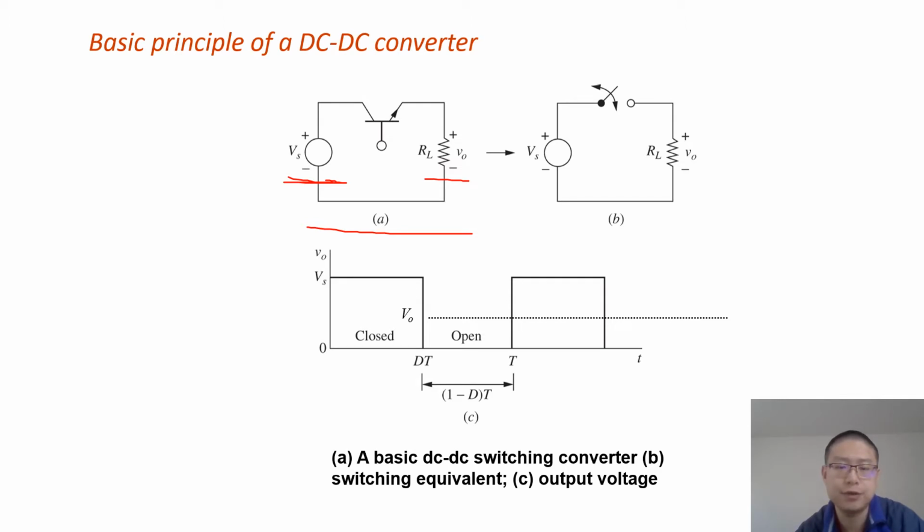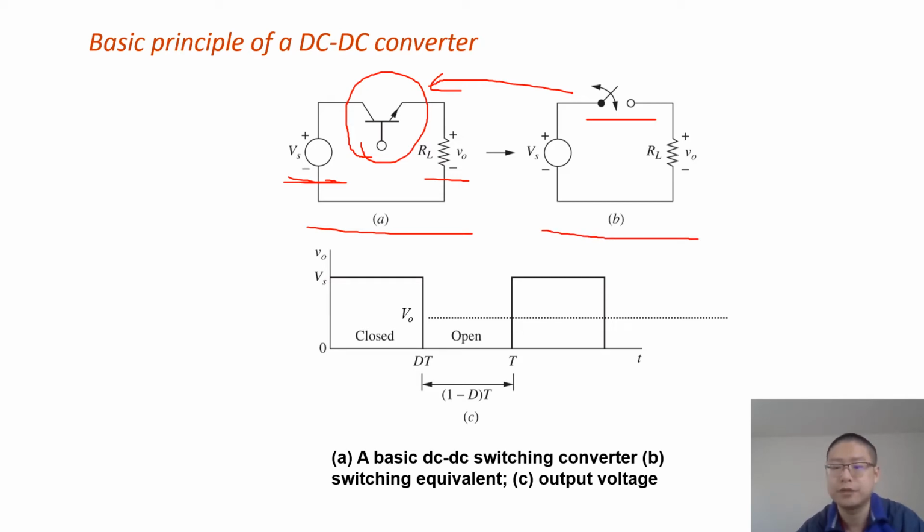We also have a transistor here. The transistor works as an electronic switch in power electronic circuits. So we can use a switch to replace the transistor and obtain the equivalent circuit as shown in Figure B.